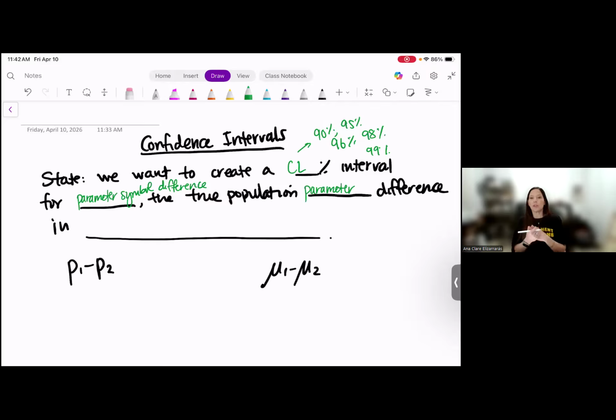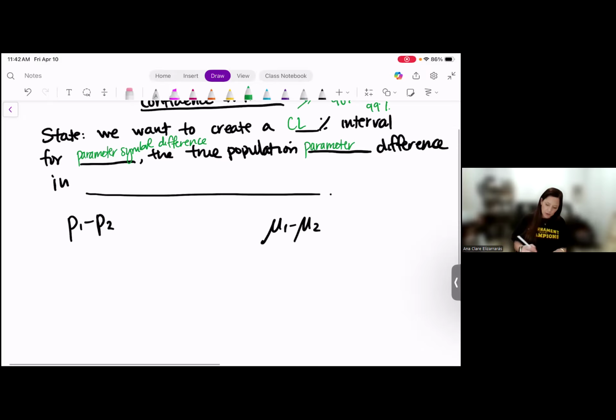So the true population proportion difference in TikTok users in Napa versus Solano. So p1 minus p2 is proportions. Mu1 minus mu2 is means.